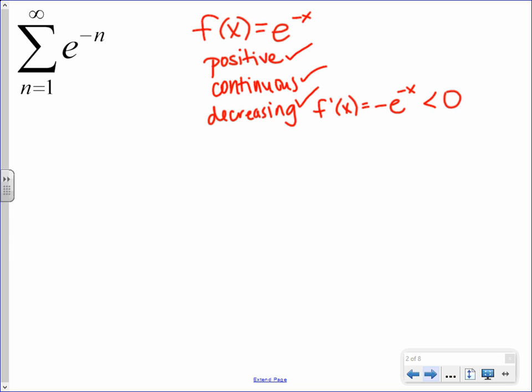So now what we can do is we can look at the improper integral from 1 to infinity of e to the negative x dx. Now we went through an improper integral the other day, right? So remember, we changed that infinite limit to A, and we take that limit towards infinity.